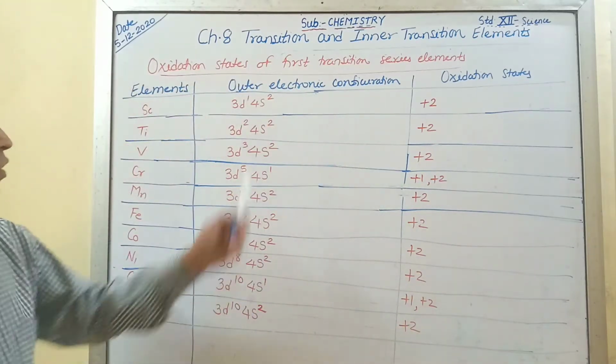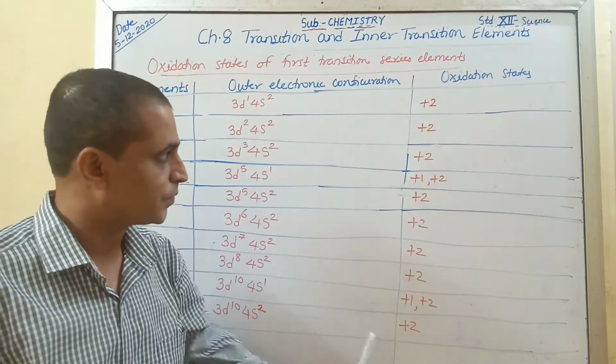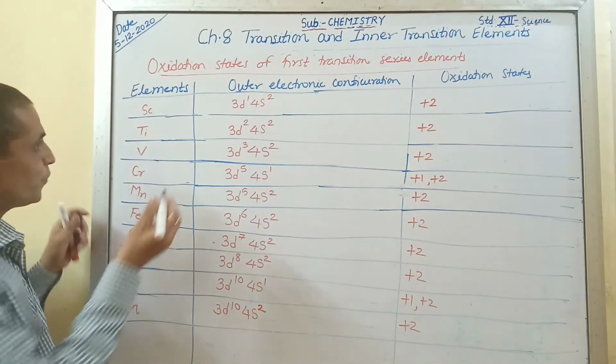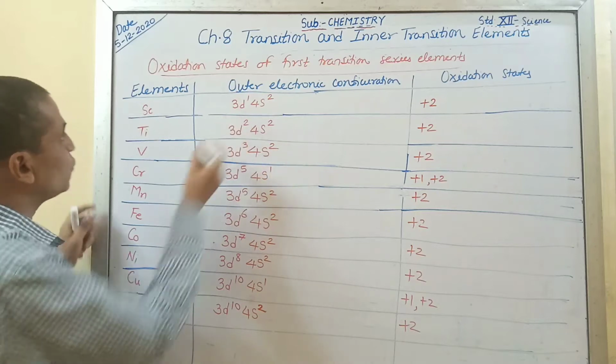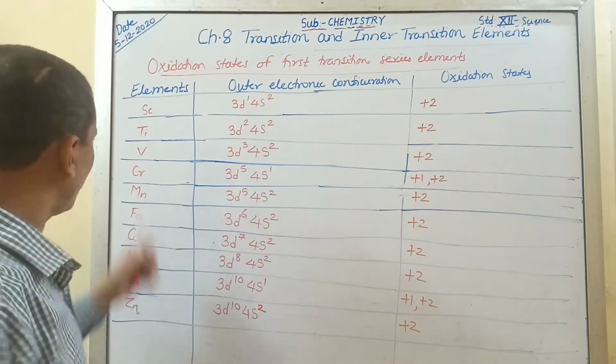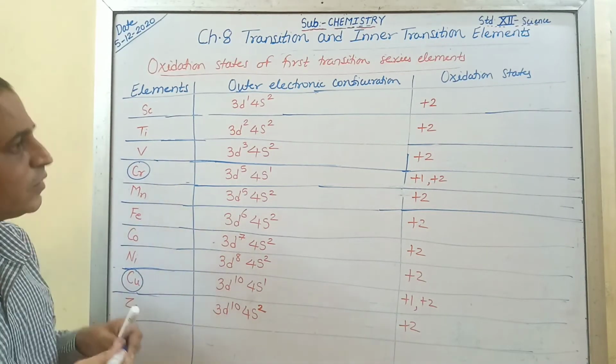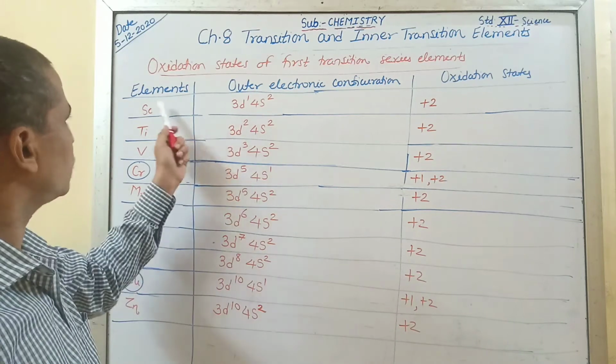For all these elements +2 oxidation state is common. Now come to higher oxidation states. +2 is the lower oxidation state. The exceptions are chromium and copper, which I will explain afterwards. Now first come to scandium.